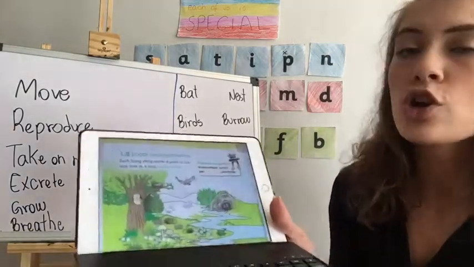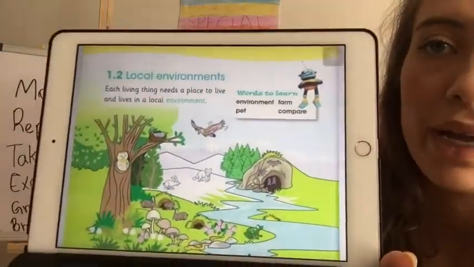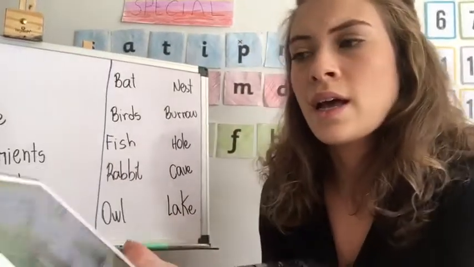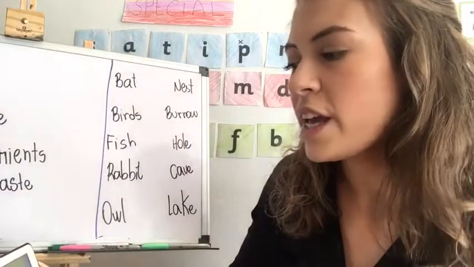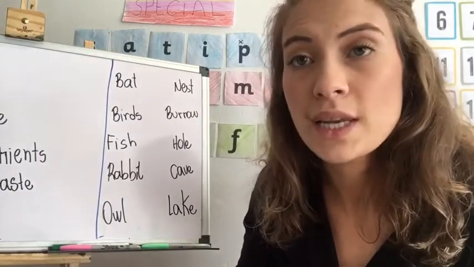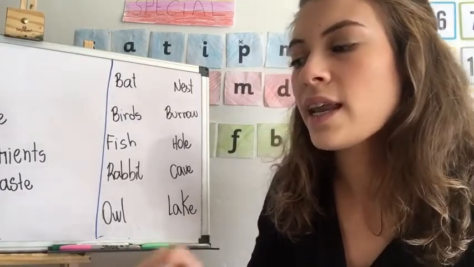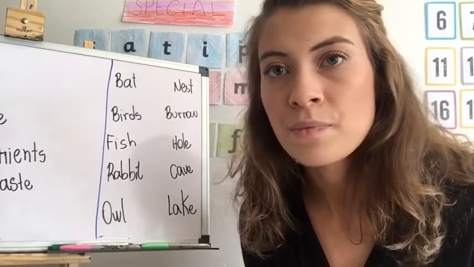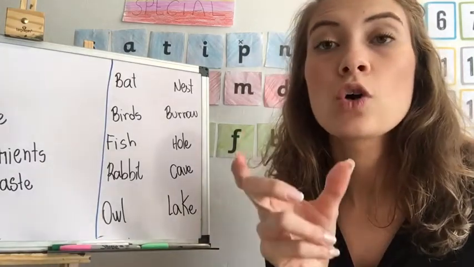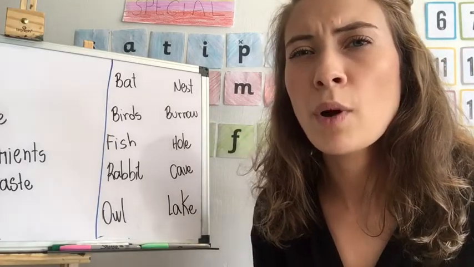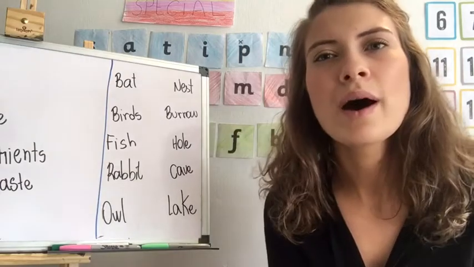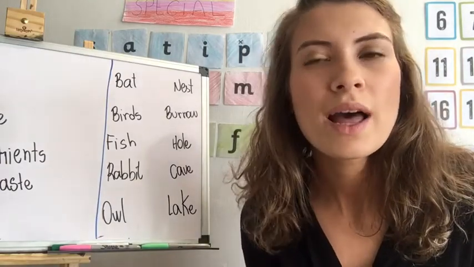I will show you now a document talking about local environments. I will read it to you and explain everything. Each living thing needs a place to live and lives in a local environment. Remember that song that I posted a few classes ago, about everyone needs a home.